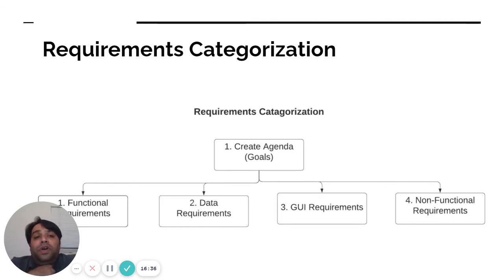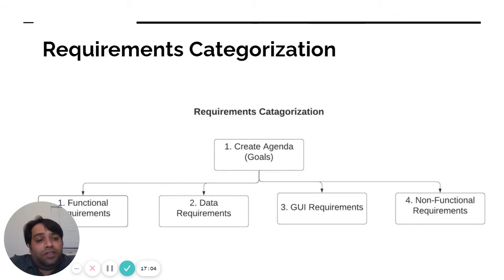Fourth one is non-functional requirement. It might get a little bit confusing to define non-functional requirement, so let's take it step by step. A non-functional requirement is any requirement that is non-functional. However, this definition is not sufficient, because if we take the data requirement for example, it's clearly not a functional requirement.